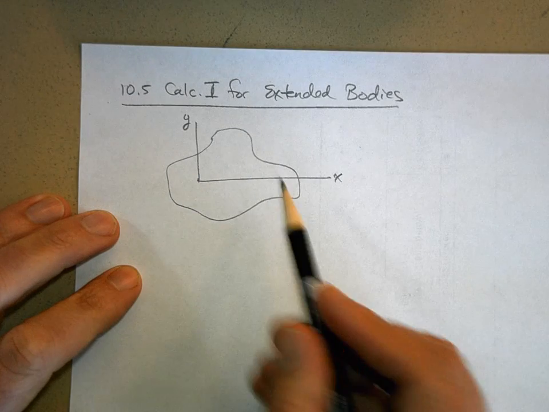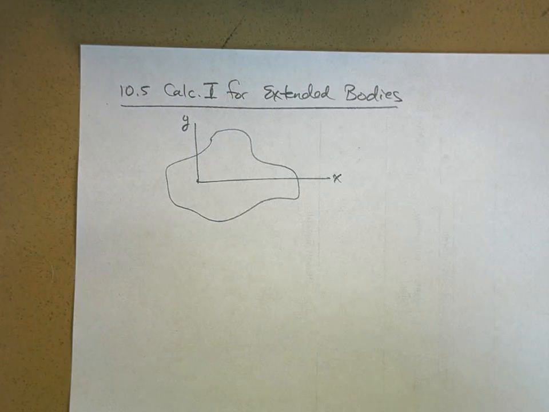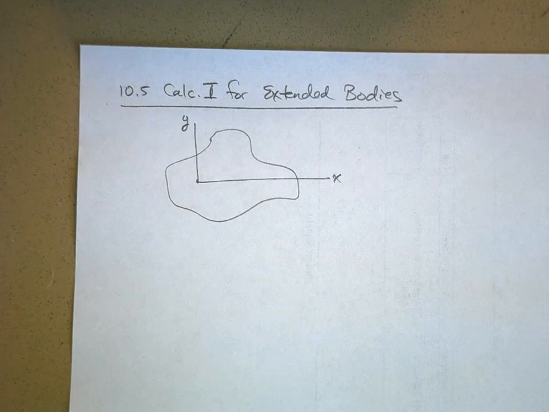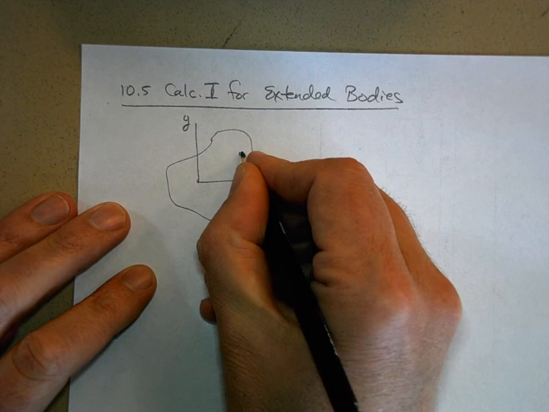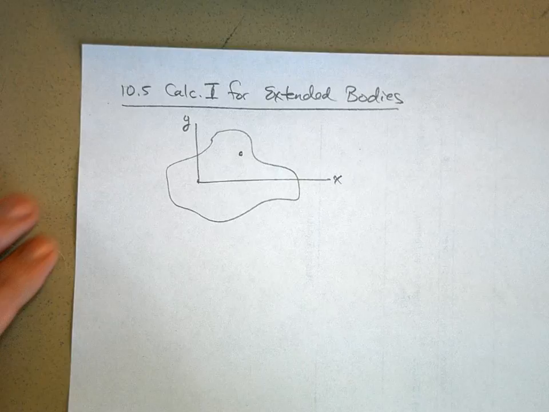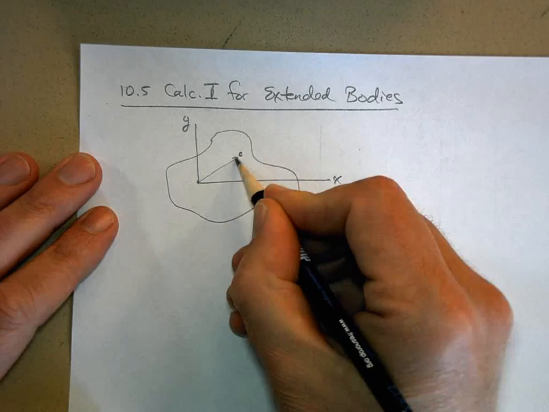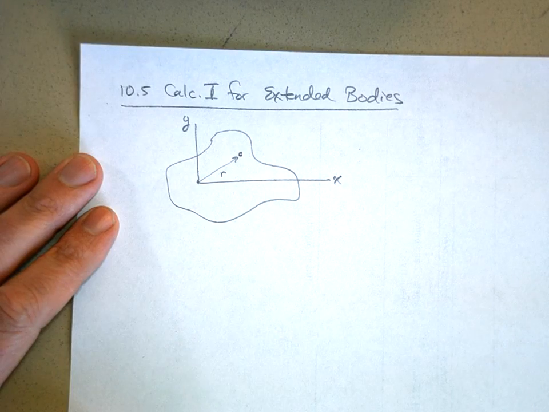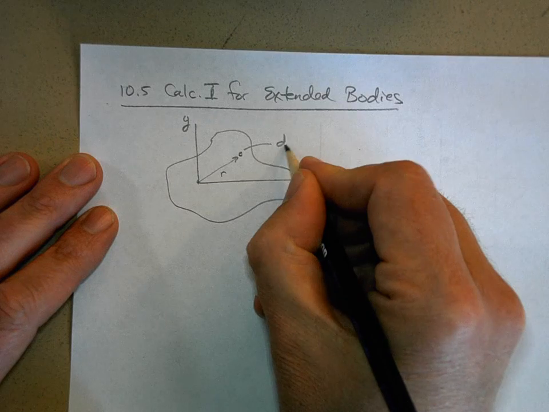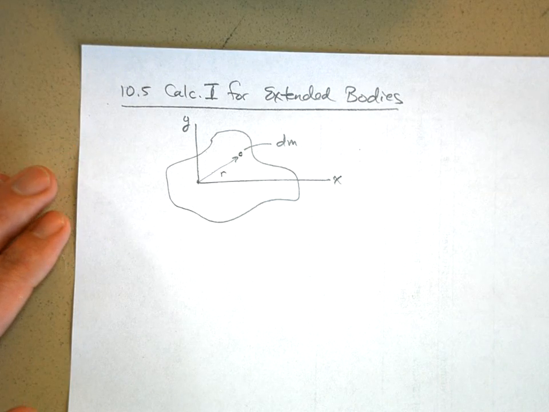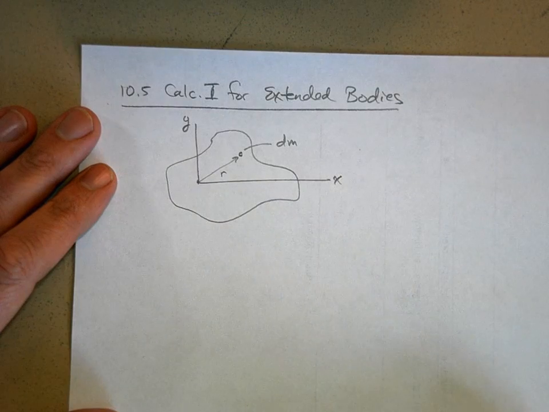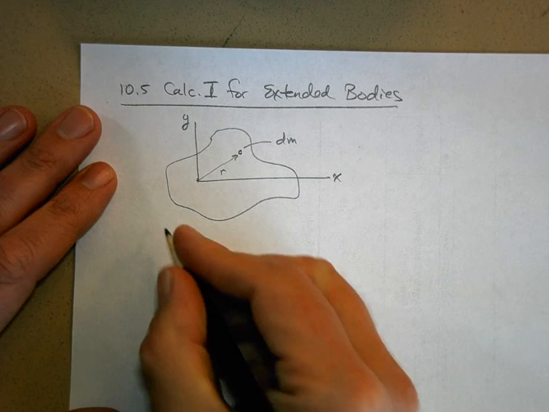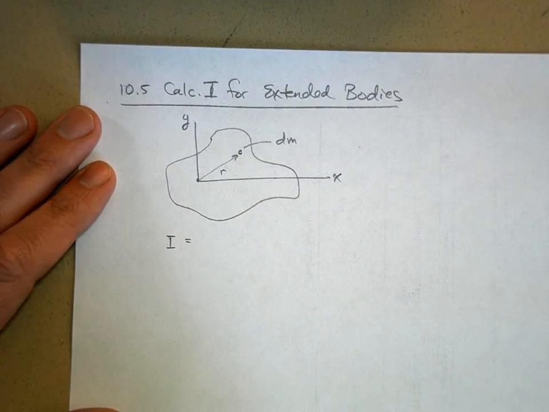Now, instead of a system of particles here, we've got a blobby shape. So we've got to divide it up into a lot of little tiny particles and then sum them all together. We'll put a little tiny infinitesimal particle right here. It's got a certain distance r, and it's got a little mass of dm, a little tiny chunk of mass. And so we have here our I. Well, what did we do with I before?